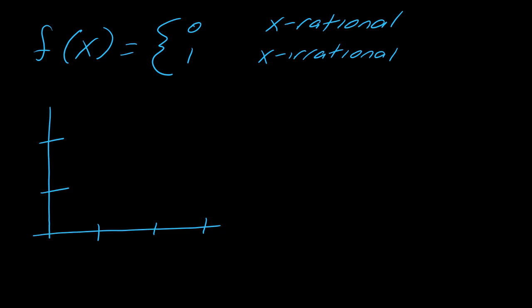If I think about a couple of values here, any whole number would be rational, right? So this would be like 1 and 2 and 3 and then 1/2 and 1.5. There are lots of rational numbers here. But anything irrational, if you took something like the square root of 2, that would be irrational, so then I'd have something up here. And even if you're right next to the square root of 2, next to that you could find another rational number.